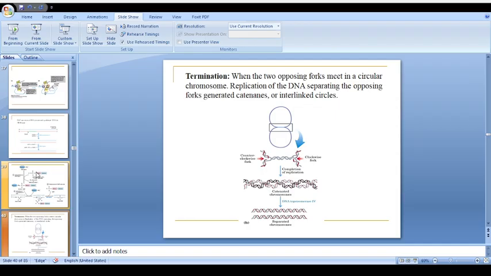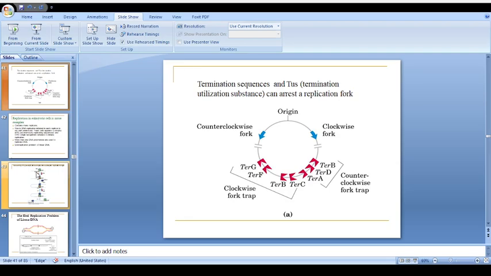And once all this is over, the replication comes to a halt when opposite forks meet in the case of circular DNA, because it is a bidirectional replication. When counterclockwise and clockwise forks meet, automatically the replication comes to a halt in the case of E. coli.